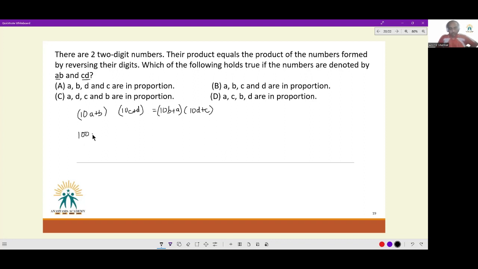We get 100 AC plus 10 BC plus 10 AD plus BD is equal to 100 BD plus 10 BC plus 10 AD plus AC.